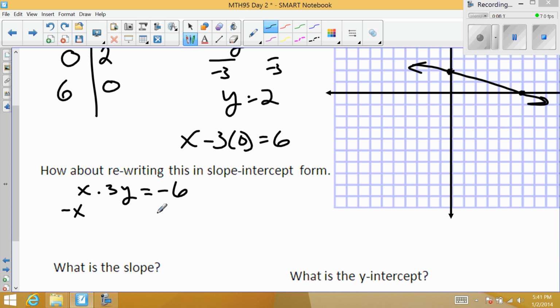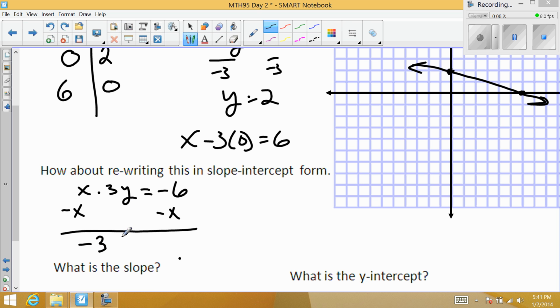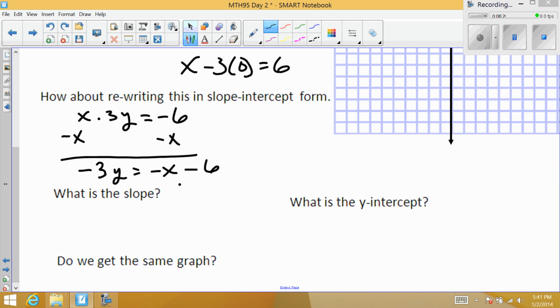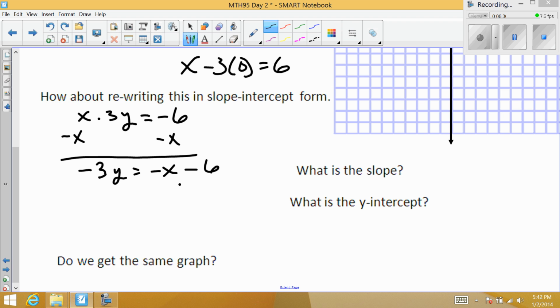So I can subtract x from both sides. So negative 3y equals negative x subtract 6. And then I can divide by negative 3.